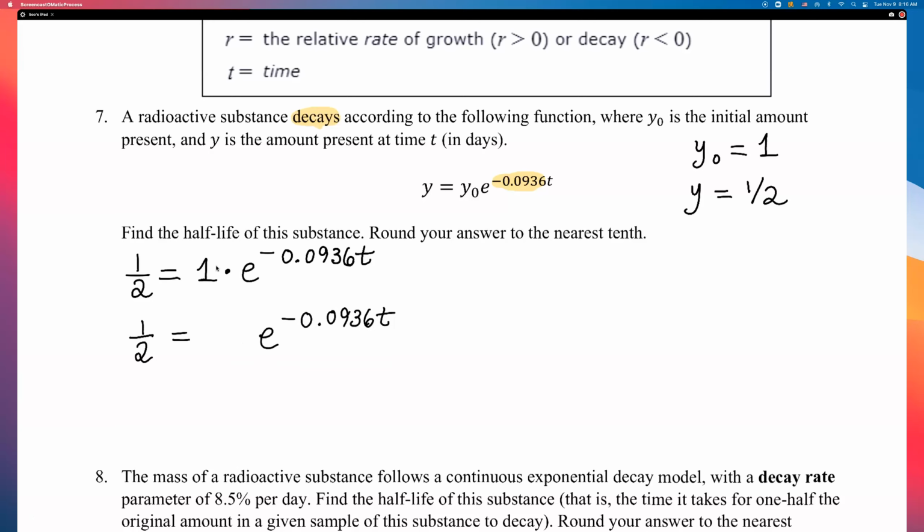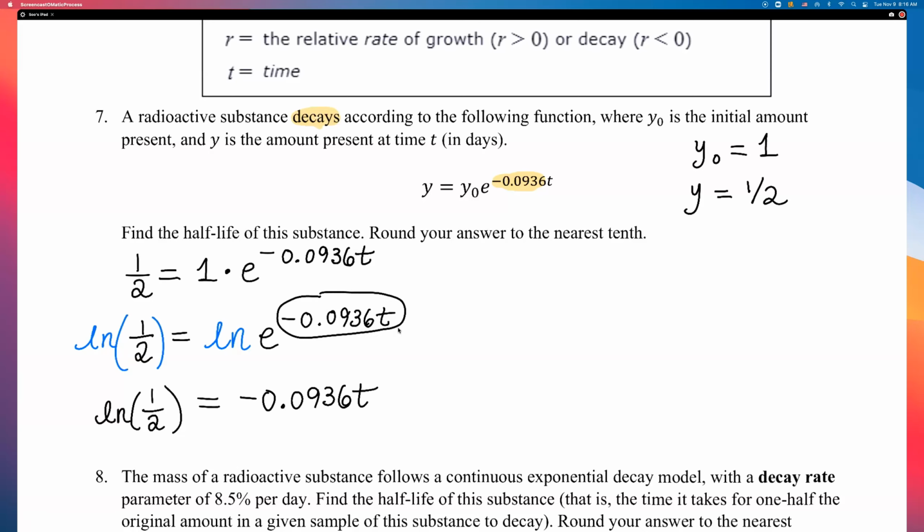I'll take natural log of half on the left side, and natural log of e to the negative 0.0936t power on the right. The left-hand side is natural log of half. On the right-hand side, the exponent of negative 0.0936t comes down to the front, and natural log of e will just turn into 1.